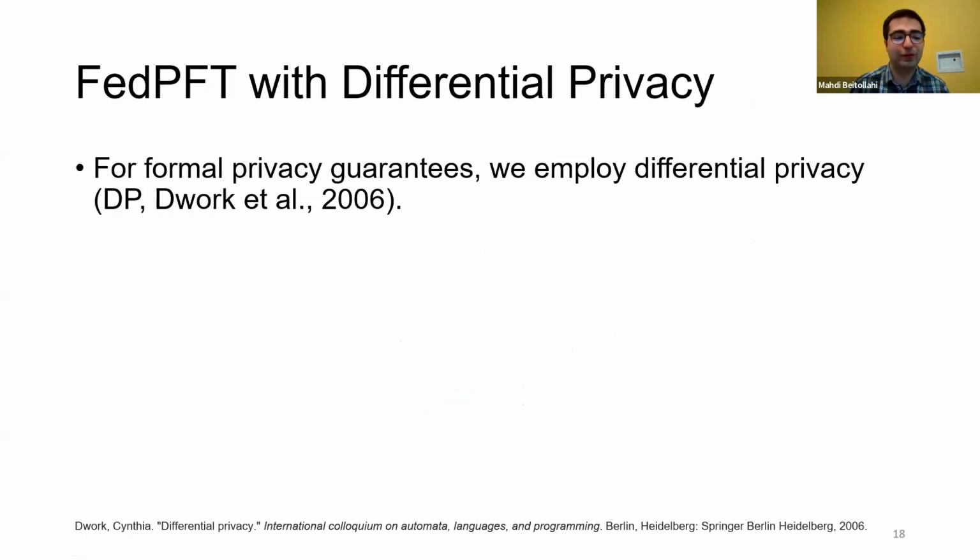The last thing before we get to the results is that we care about privacy. In papers, they often assume that since we are in federated learning, everything is private, which is not the case. We have to have formal privacy guarantees in order to assure privacy. So here, we're going to use differential privacy, and it's very straightforward.